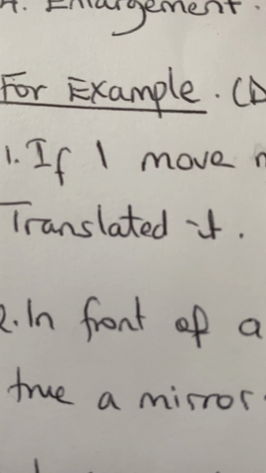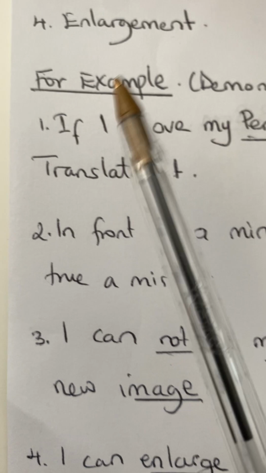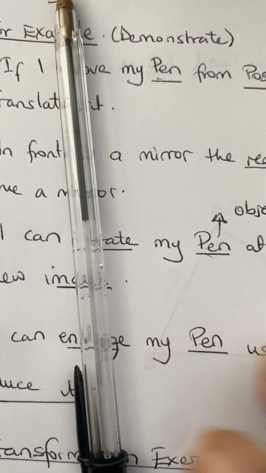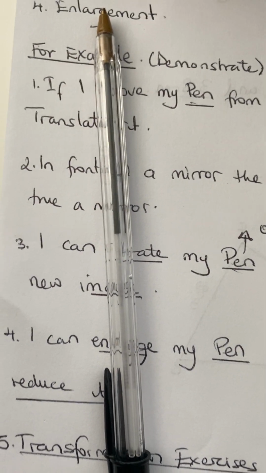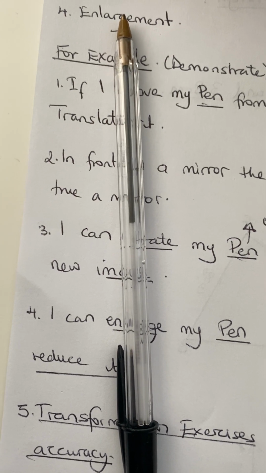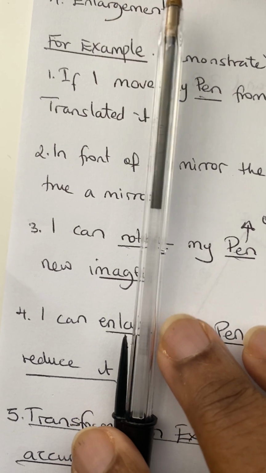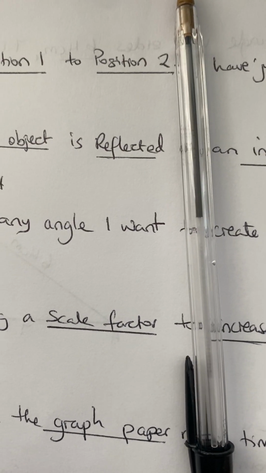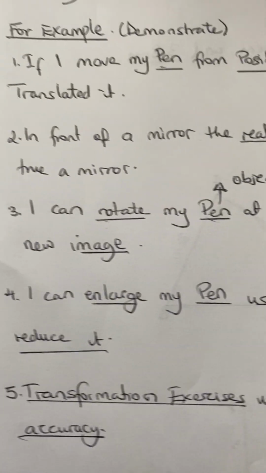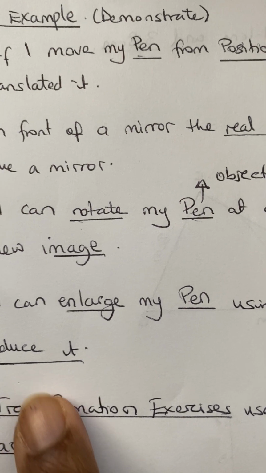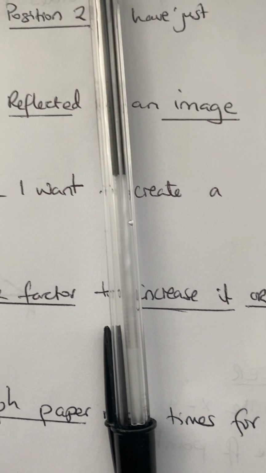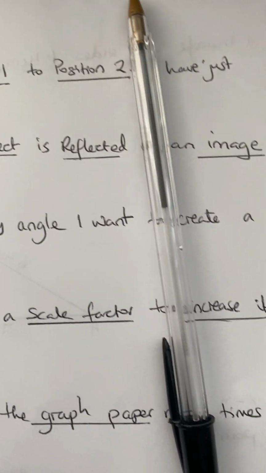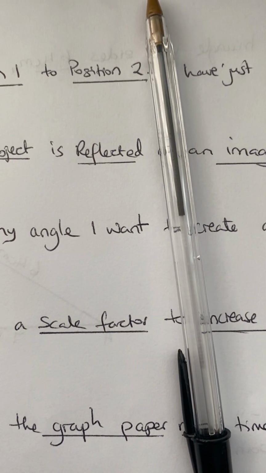So for example, if this is the position of my pen, and I move it from this position to that position there, it used to be somewhere here and I move it here. In maths, I've translated it.